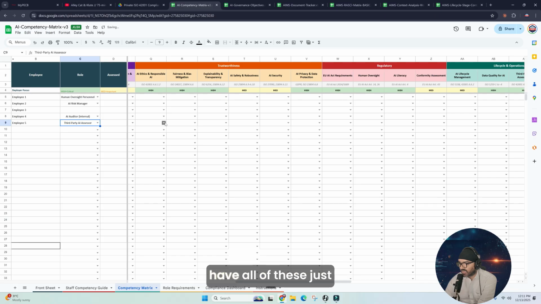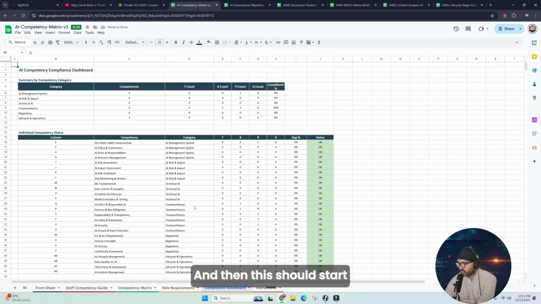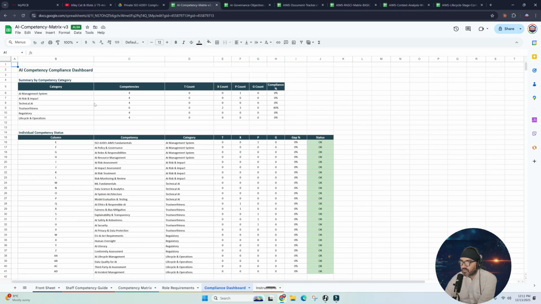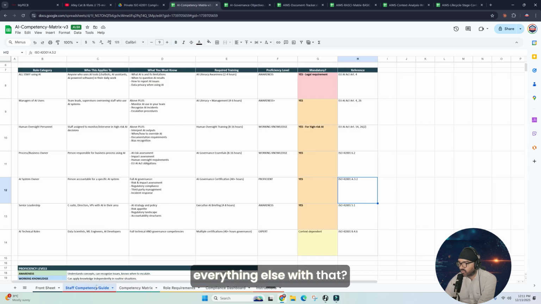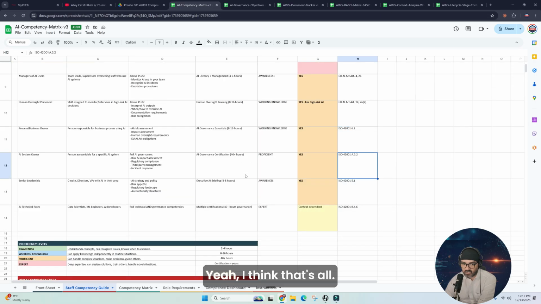And then you'd obviously have all of these just different depending on your business or your sort of competency level. And then this should start showing up in the dashboard. You've got instructions on how to use it. And what else? Have I covered everything else with that? Yeah, I think that's all.